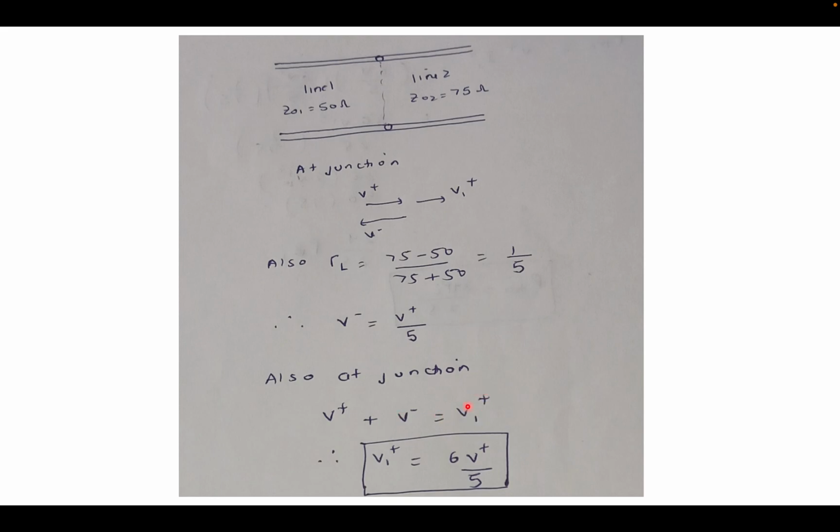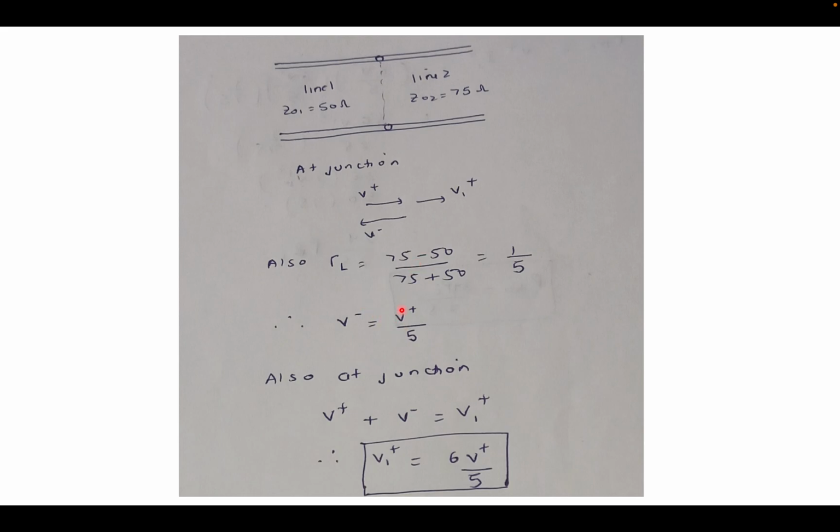So V1 plus is 6 by 5 times the voltage coming from the left hand, right? Now you know everything, the voltages that are getting forwarded or transmitted. The transmitted voltage is 6 by 5 times V plus, and the reflected voltage is 1 by 5 times V plus, right?